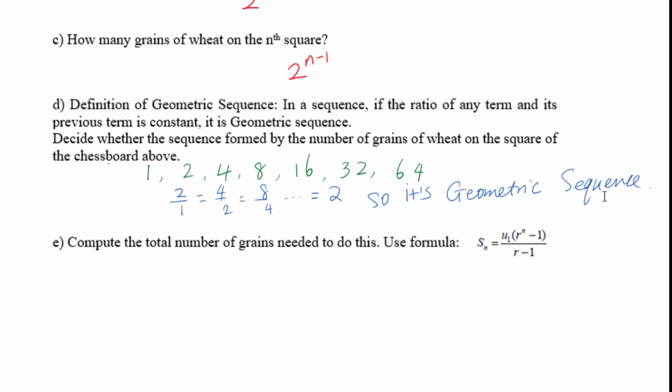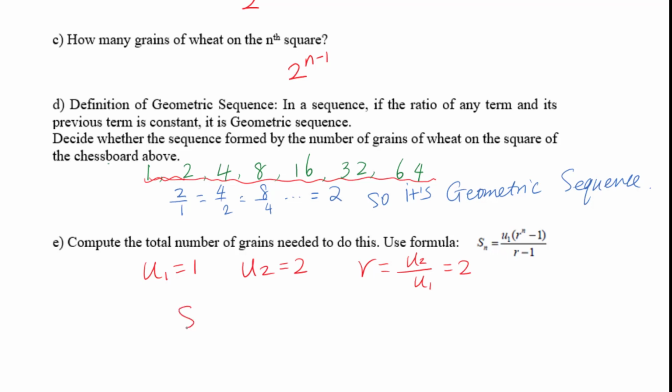Look at E. Compute the total number of grains needed to do this. Use the formula S sub n equals u sub 1 times r to the nth power minus 1 over r minus 1. From the sequence formed by the story above, we know u sub 1 equals 1, u sub 2 equals 2. So r equals u sub 2 over u sub 1 equals 2.